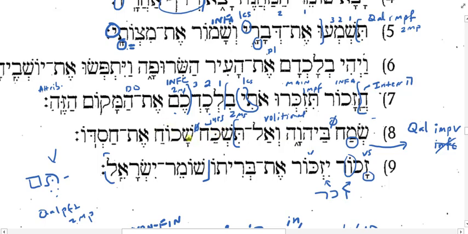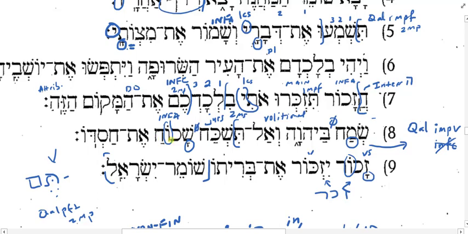It's a 2ms. Now look at what I've got next after al tishkach, which is my main verb. I have shakoach. Does that vowel pattern look familiar to you? Yeah? That's my infinitive absolute. Does it share the same root as the main verb tishkach? Yes, it does.